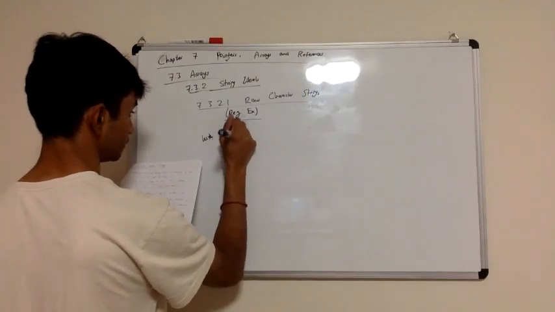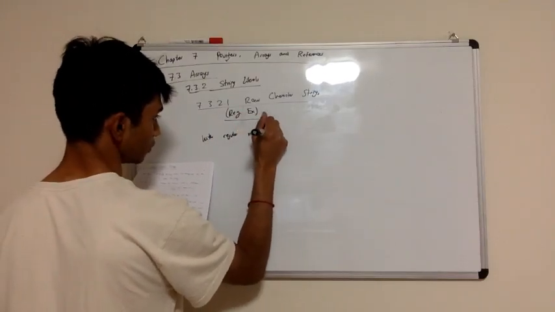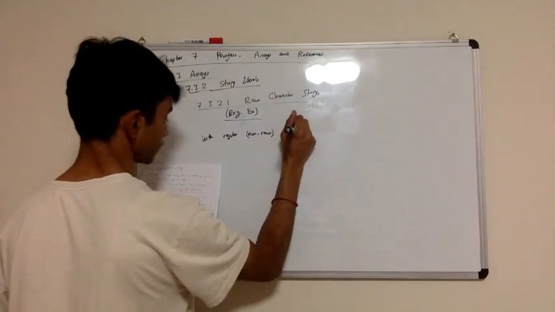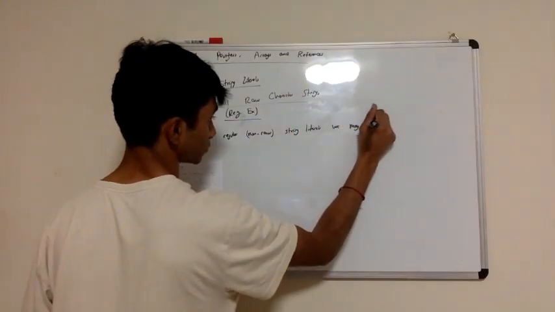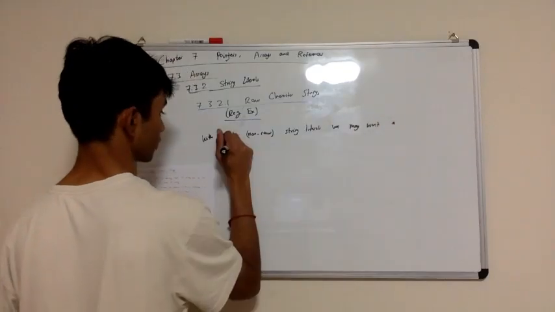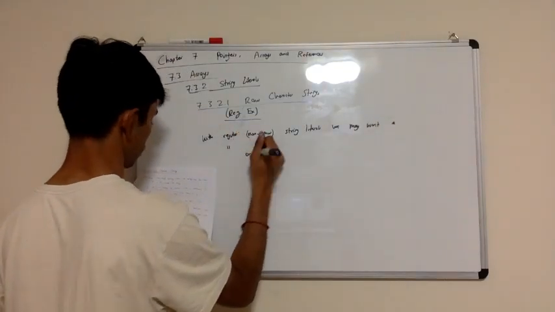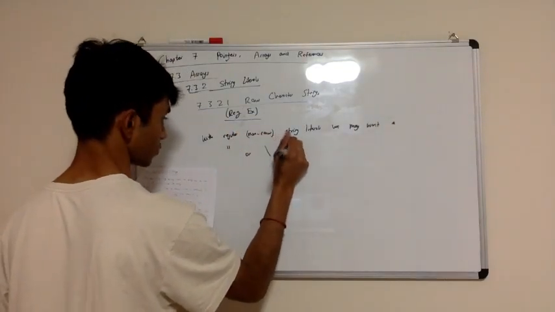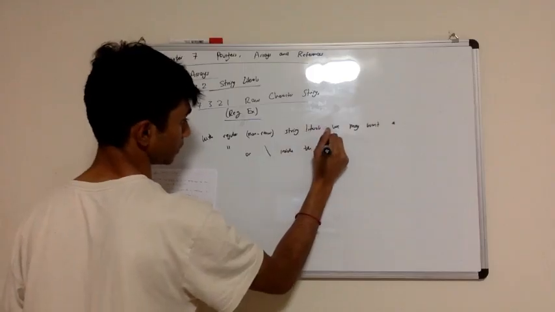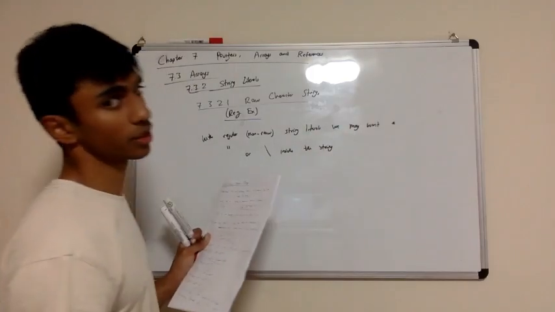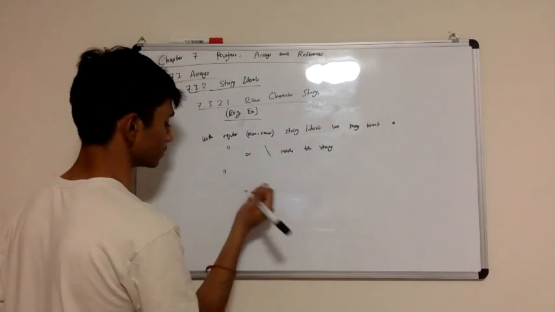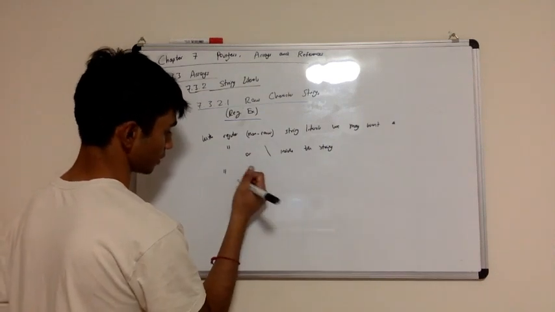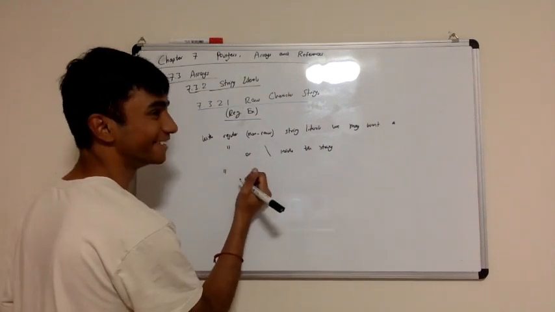With regular, non-raw string literals, we may want a quotation mark, a double quote, or a backslash inside the string. Maybe you want to actually write a quote in your string literal. So you might be like, what's a quote?